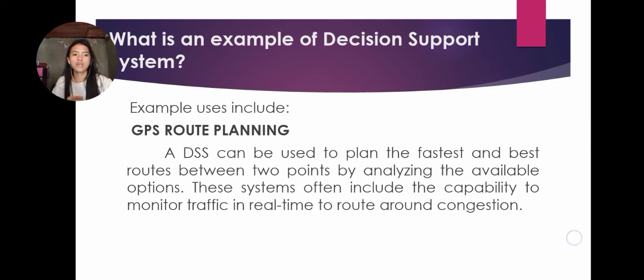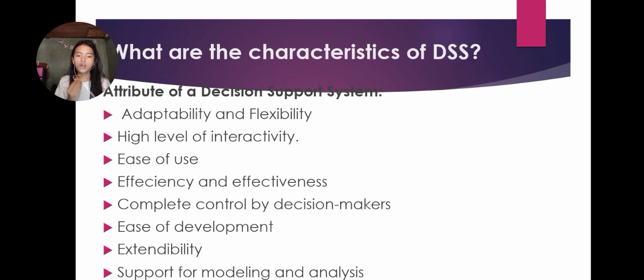So the next one is the characteristics. These are the attributes of a decision support system. First is adaptability and flexibility. When you make your decision, you think about whether it is flexible and adaptive. Then a high level of interactivity, ease of use. It must be useful, with efficiency and effectiveness.